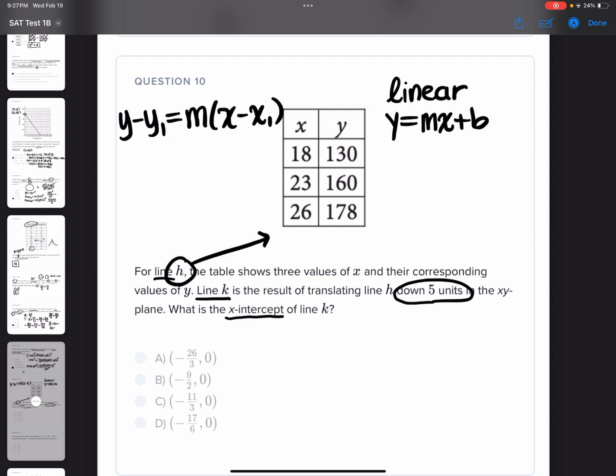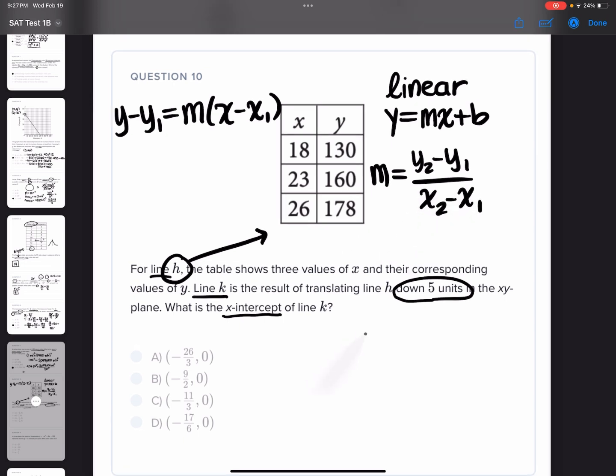This is how we can find the linear equation of any line that passes through any 2 points. And so this has 3 values of x and their corresponding values of y. So line H will pass through each one of these points, so we can pick any points that we want to. So in order to find the slope, which is m, we would just do y2 minus y1 over x2 minus x1.